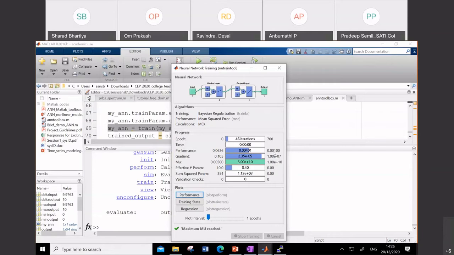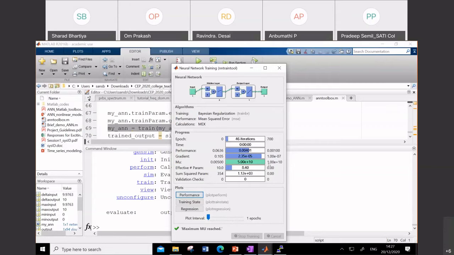And you can see one of the reasons why it stopped was this value of mu. The value of mu is the Markov sensitivity parameter, and that value has exceeded its maximum value of 1 into 10 to the power of 10.